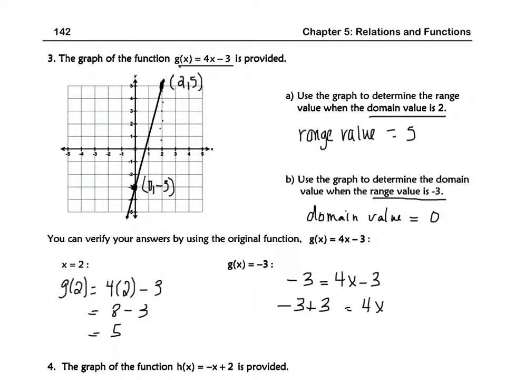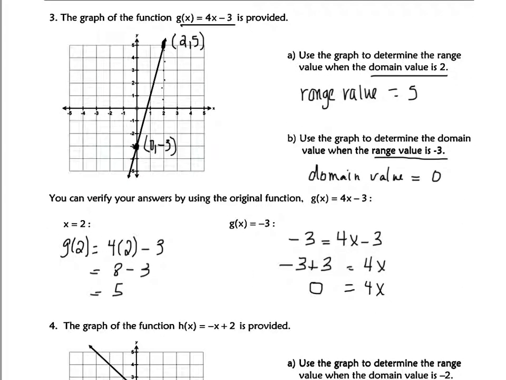So then negative 3 plus 3 would be 0 equals 4x. And then if you divide both sides by 4 to get the x by itself, you would end up with 0 equals x, which is what we got when we did it using the graph.